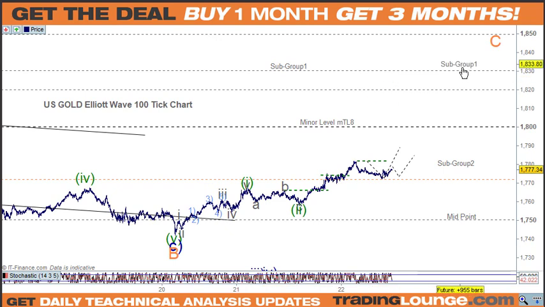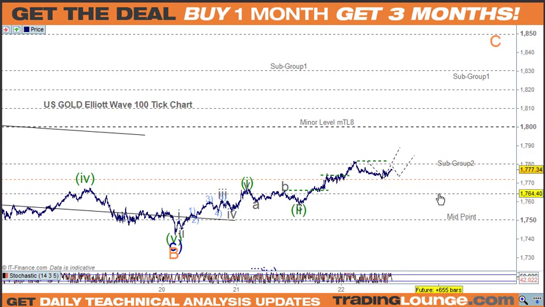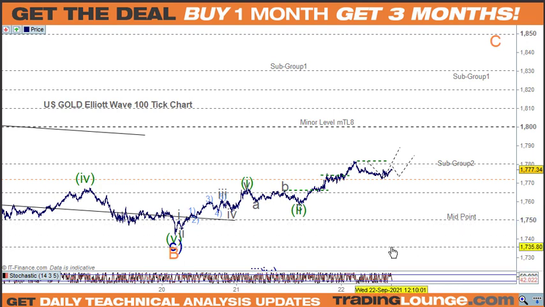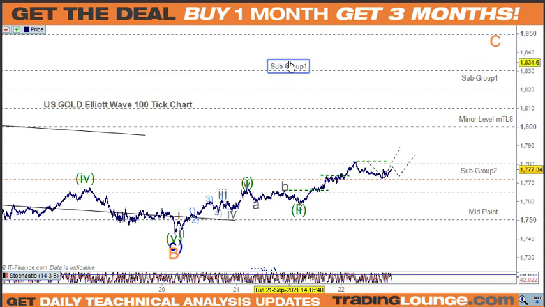That's all group 1 up there. I'm going to put this 10 back in because that's going to be handy, and the 8 and the 65 here, close enough, and the midpoint there. So subgroup 2, the midpoint, and group 1, and this is minor level 18, 1/8 there. Already had one there, so I don't need that.